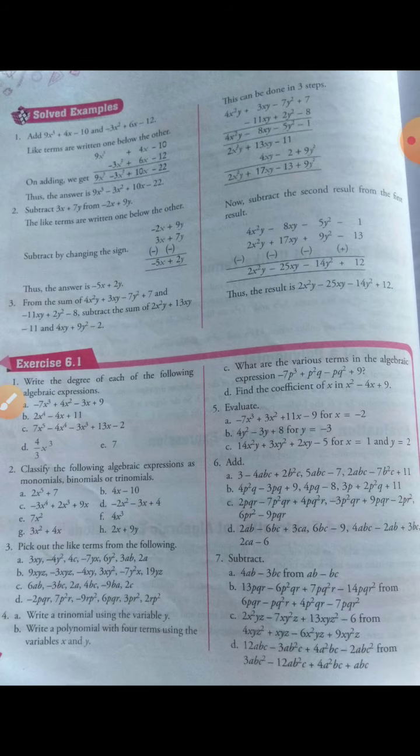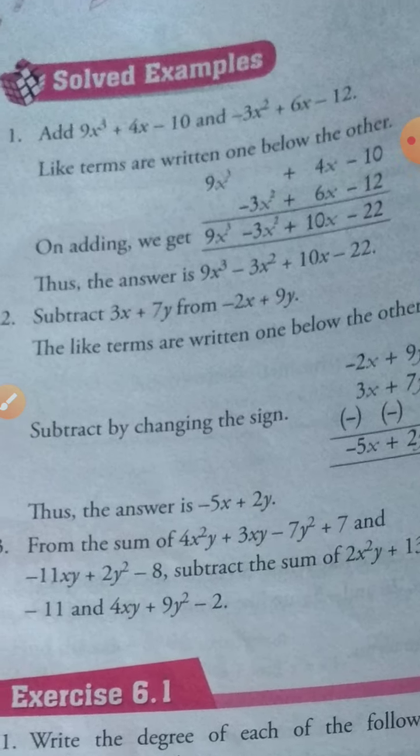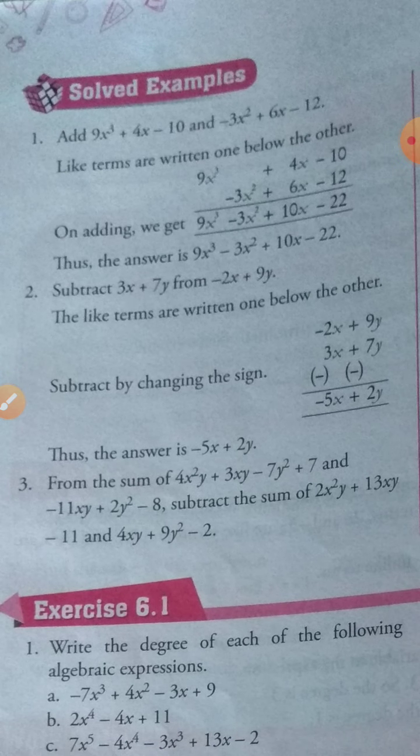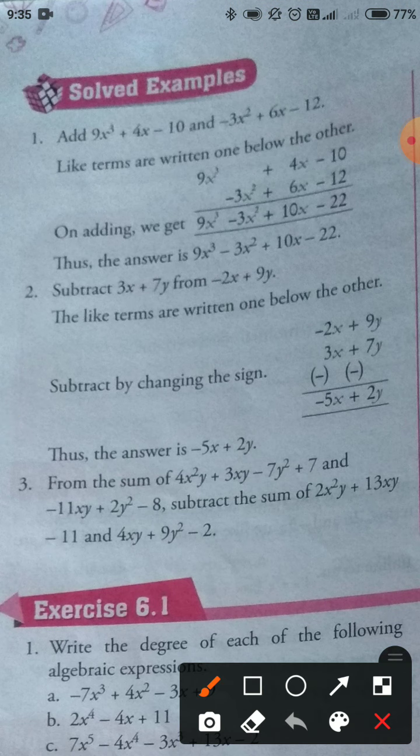So let's start with our first example, that is: add 9x cube plus 4x minus 10 and minus 3x square plus 6x minus 12. In this, first you have to see which are the like terms and which are unlike terms. So you have to write them in an order. You have to write like terms together and unlike terms together, right?